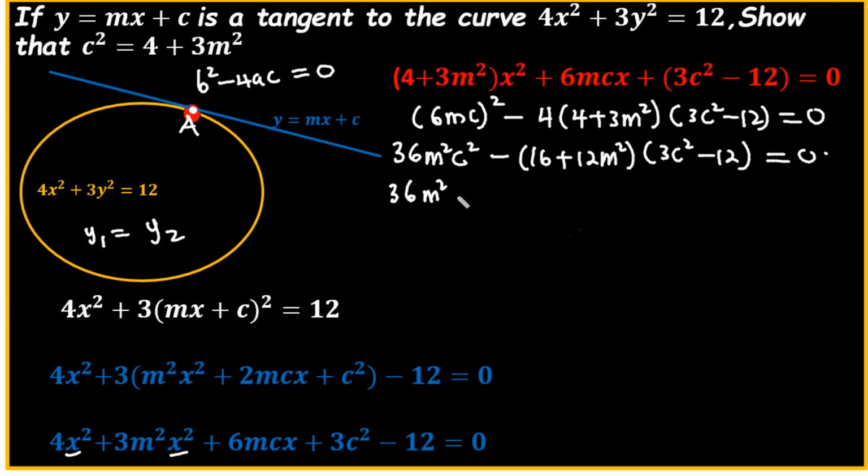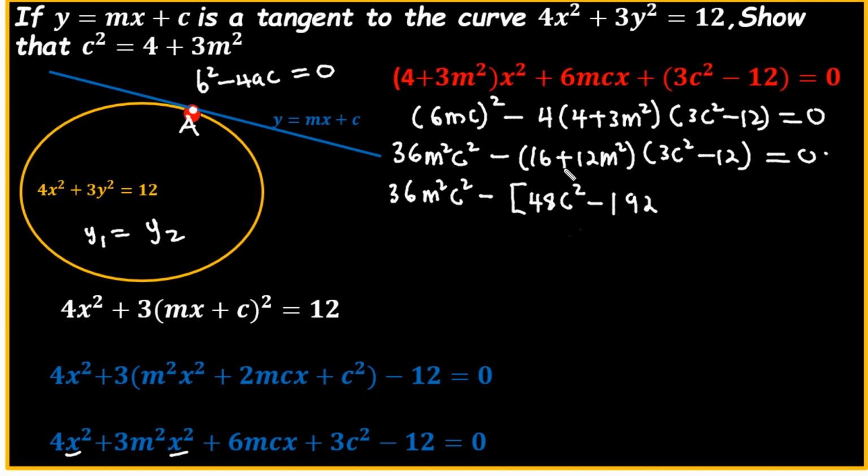36m squared c squared minus, now I'm going to multiply this bracket throughout this bracket. 16 times 3c squared, I'm going to obtain 48c squared, then 16 times negative 12, I'm going to obtain minus 192.